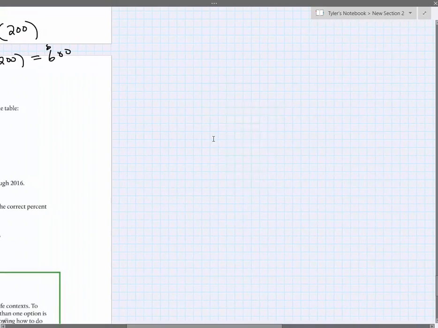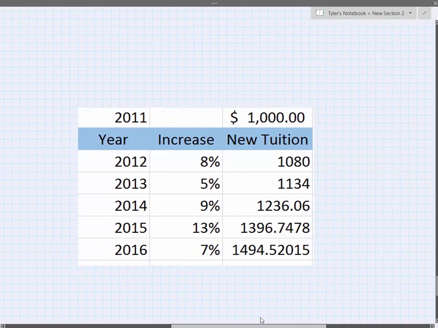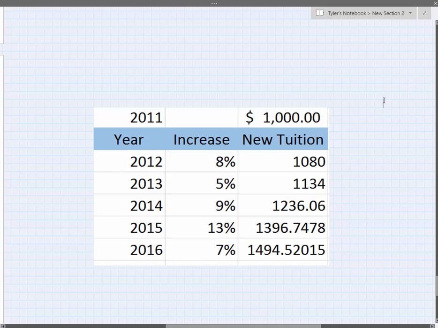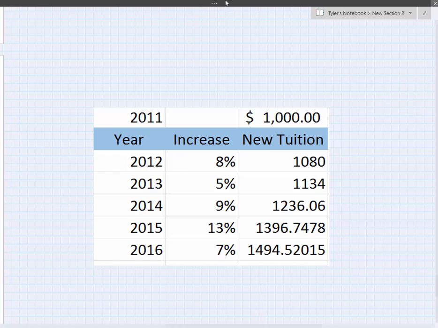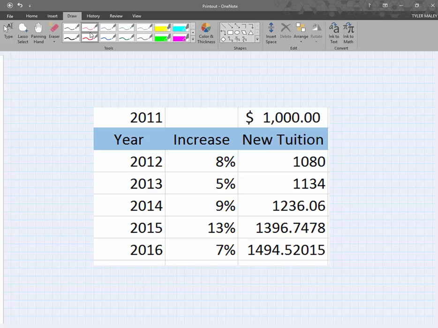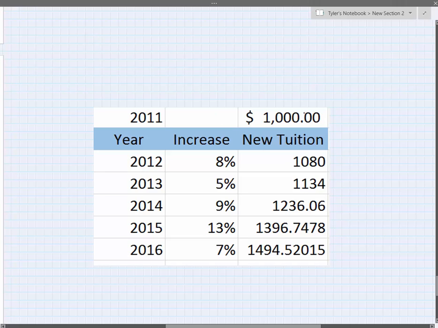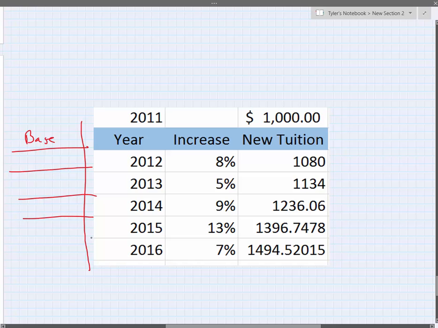But I can throw the screenshot here, and you can see the amount. So again, the important part is for this year, maybe you make a column for the base. Remember, the base is what the percentage is calculated off of, like your purchase price, what your tax is based off of, and so forth.